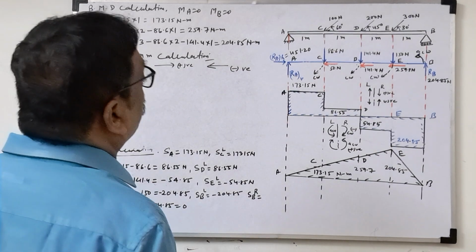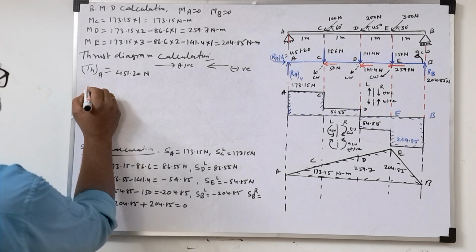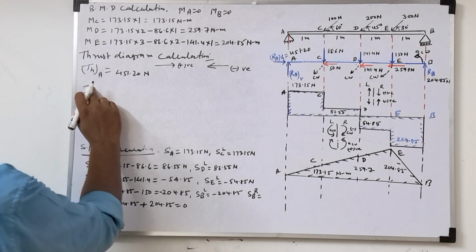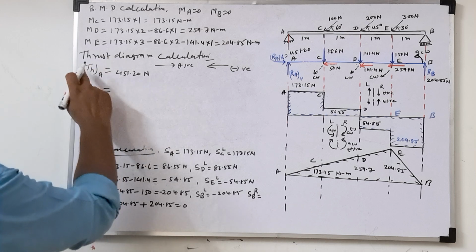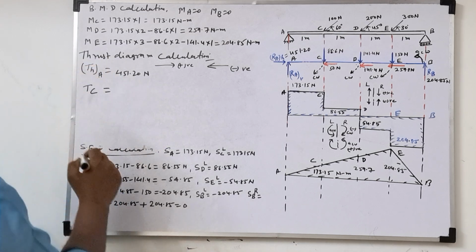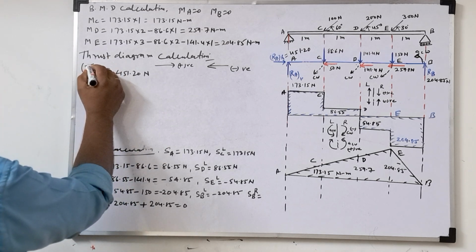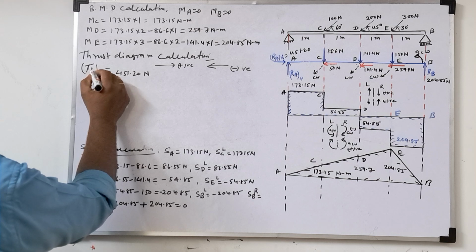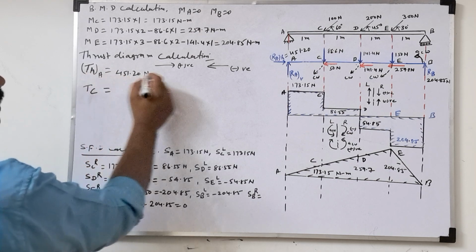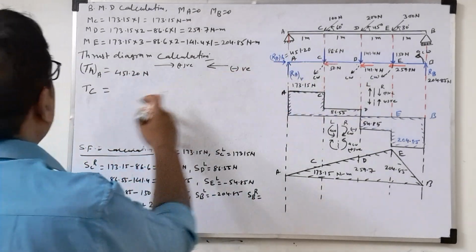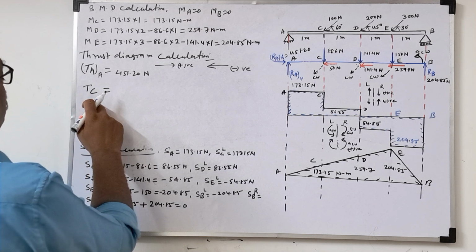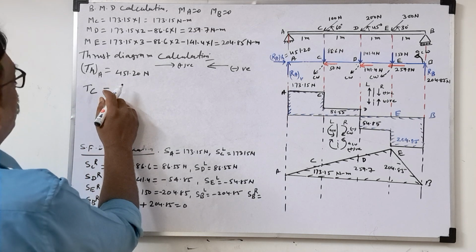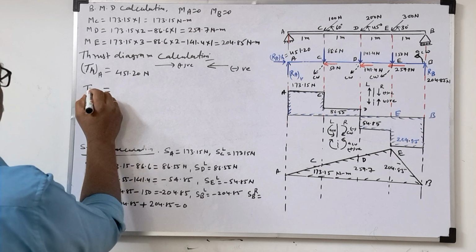So okay, now thrust force at C. I have given the notation T, H for thrust force, horizontal, at A. Now TC, okay, horizontals we will write everywhere.